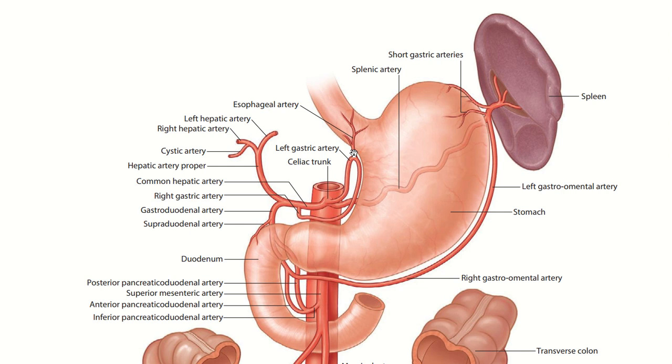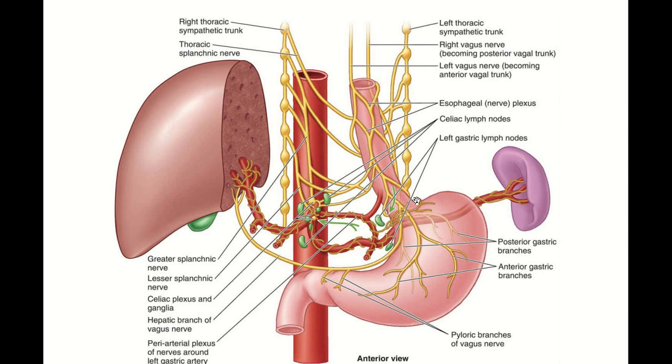Let's take a look at the innervation of the abdominal esophagus. Right. So the abdominal esophagus is going to be supplied by the right and left vagus nerves, right? So we have what you call an esophageal plexus. It will be receiving sympathetic innervation as well as parasympathetic innervation.